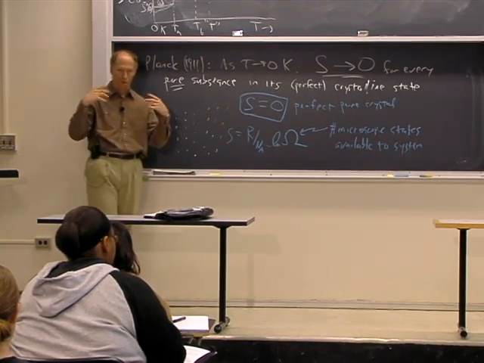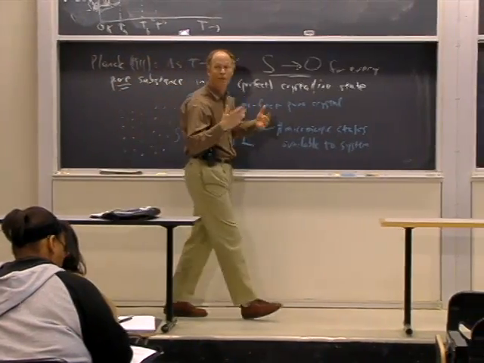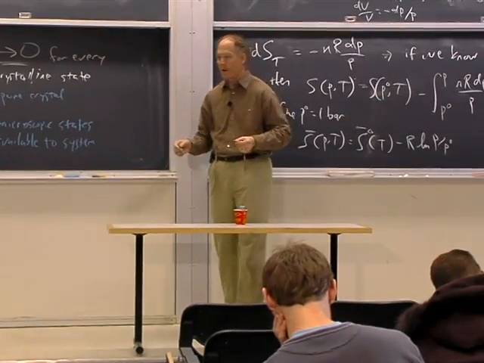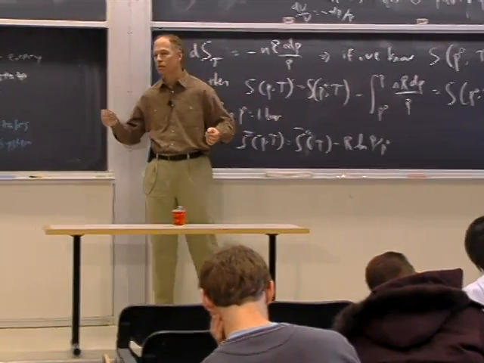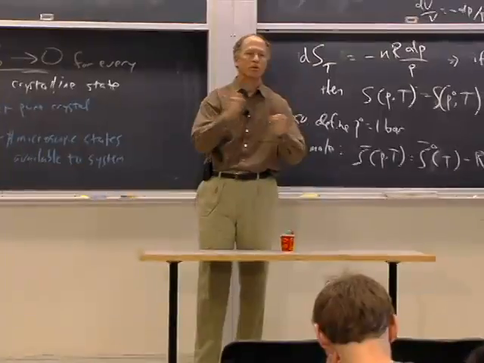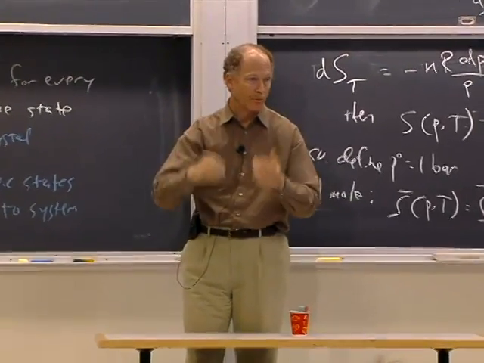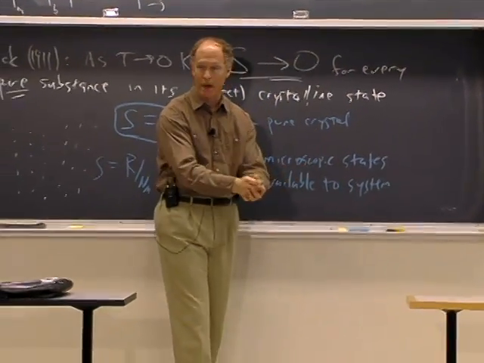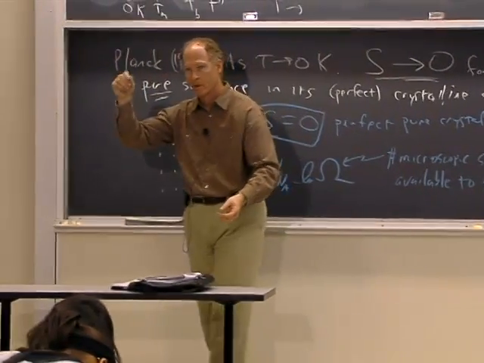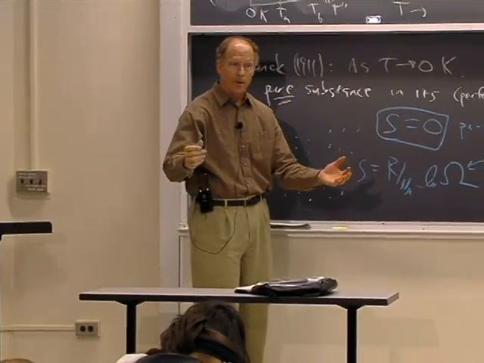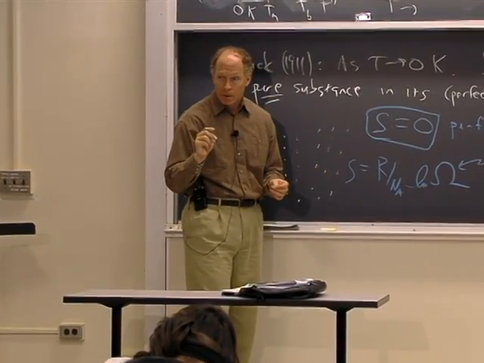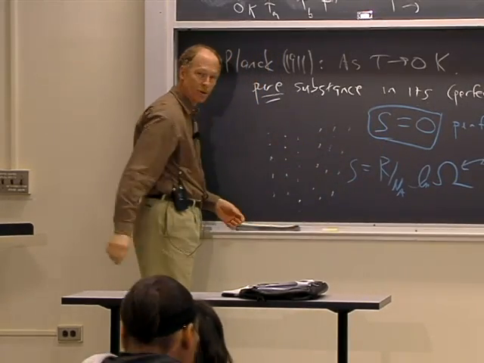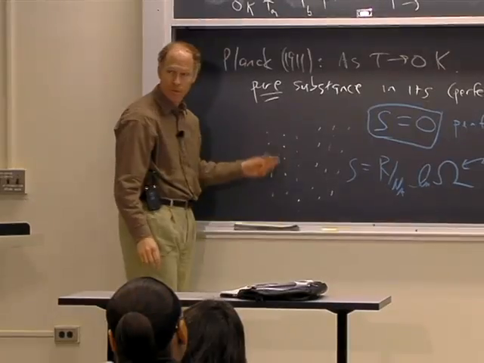And if I start worrying about things that would matter under ordinary conditions, maybe at higher temperature I'd have some molecules in excited vibrational levels, or maybe electronic levels, right? Maybe if it's hydrogen, it's not all in the 1s orbital, but in higher levels. Then there'd be lots of states available. Even if only one atom in the whole crystal is excited, well, there's one state that would have it be this atom, a different one would have it be this atom, and so forth.